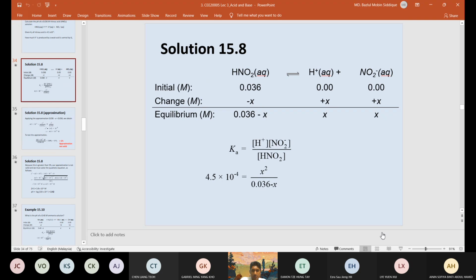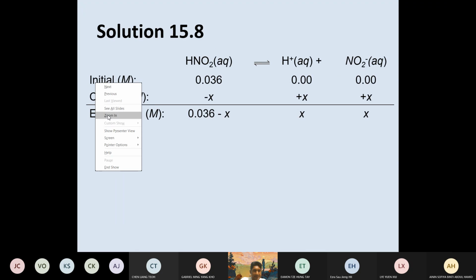And what can we do if there is no clue at all of how much percentage of the acid or base has dissociated? If the pH is given, we already know the concentration of hydrogen ion. If there is no information about the pH, it is a blind guess.